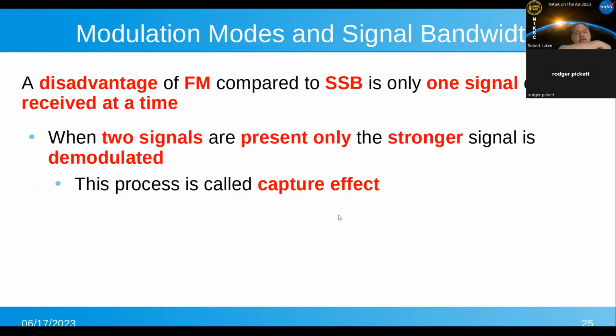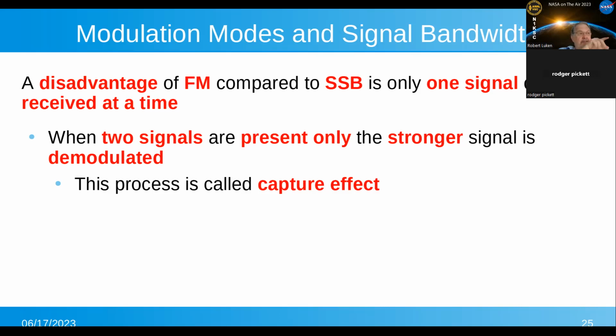Disadvantage of FM compared to single sideband is only one signal can be received at a time. What they mean by that, if you're listening to AM or single sideband on a radio, if you've got two signals that are very close in frequency, or even on the same frequency, just one may be 1,000 miles away, you'll hear both of them at the same time, even though one distorts the other.